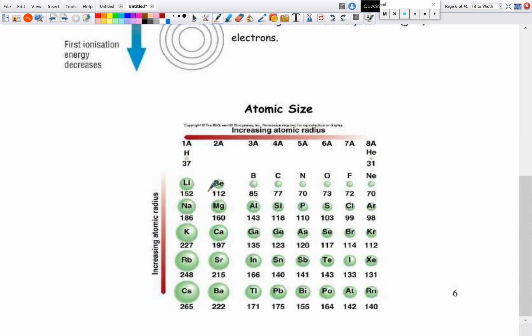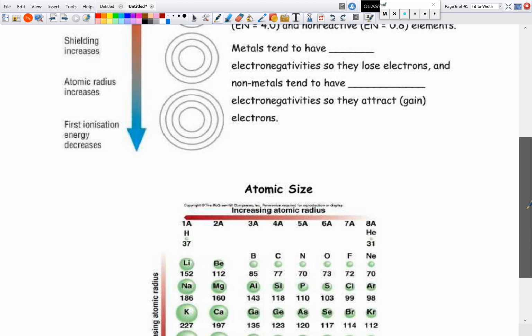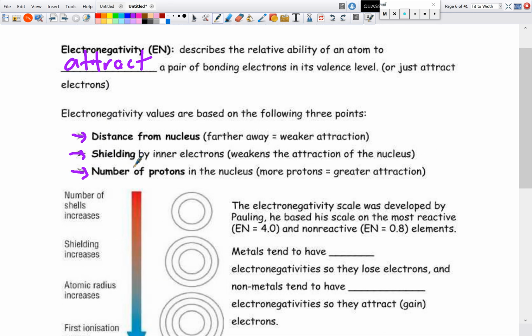As you go across, from left to right, atoms tend to shrink. When you go down, they tend to get bigger. So going from left to right, if they're shrinking, we're increasing the number of protons and we're decreasing the distance from the nucleus. So we have two things that affect electronegativity positively.